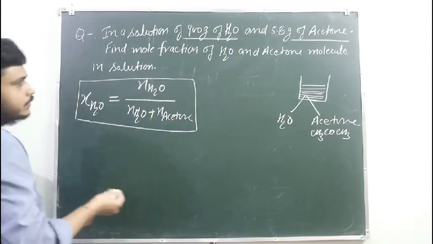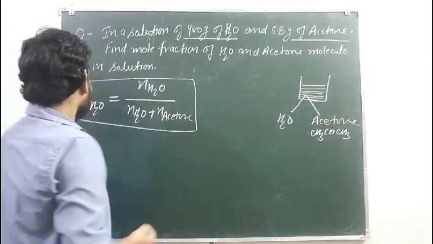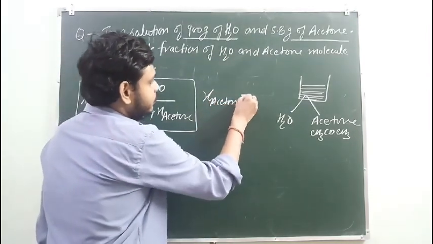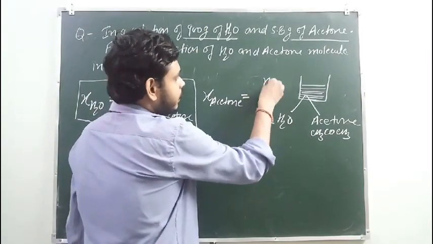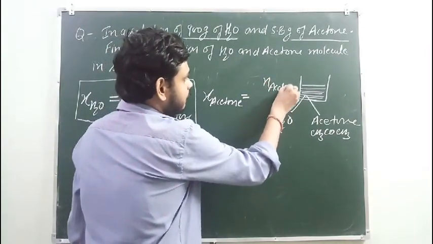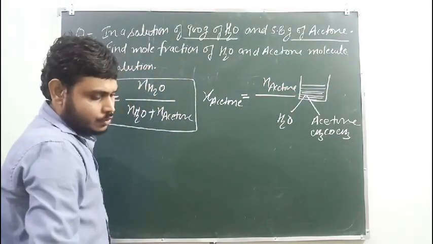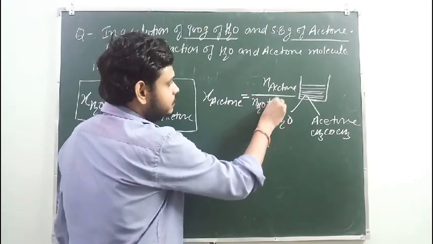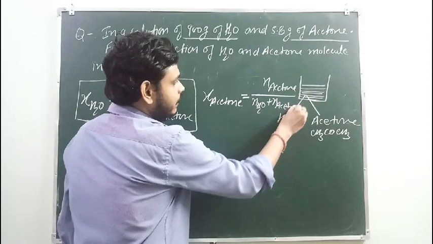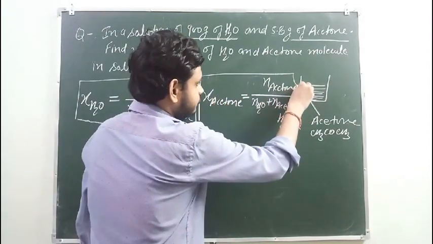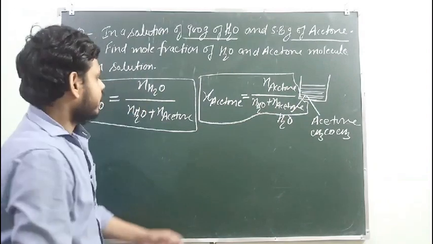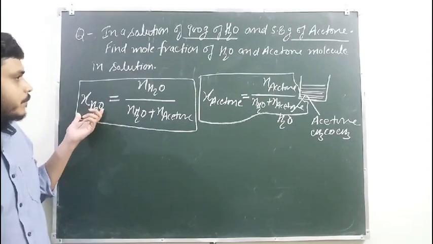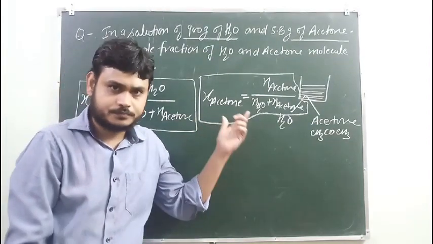And the mole fraction of acetone is equal to the number of mole of acetone divided by the total number of mole present in the solution, that is number of mole of H2O plus number of mole of acetone.